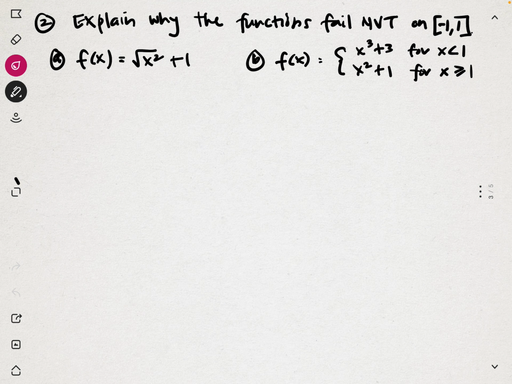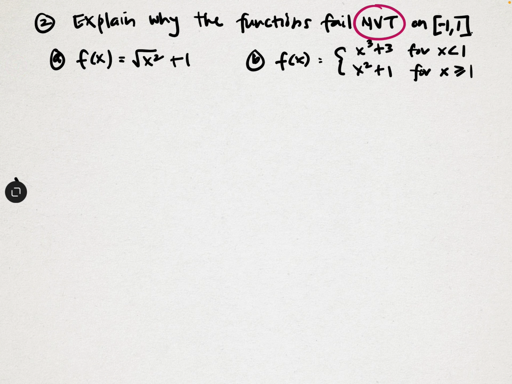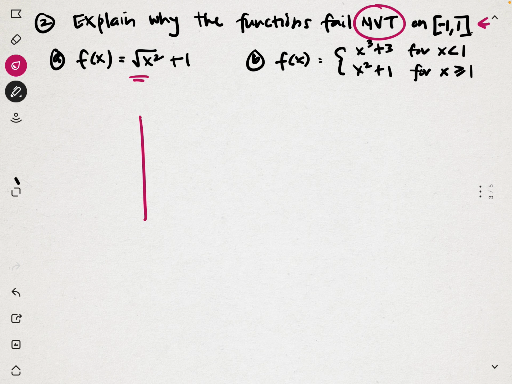Now in the next example, it says explain why the functions fail the mean value theorem on the interval -1 to 1. First of all, the interval is not the reason, because the interval checks out. The interval is closed, with brackets on both ends. For f of x equals the square root of x squared plus 1, this is just a fancy way of doing absolute value.